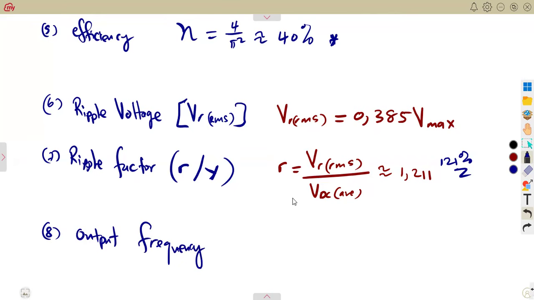Output frequency. The output frequency is simply equal to the frequency that we originally had before. The frequency that you are given before is still your output frequency when dealing with a half wave rectifier.